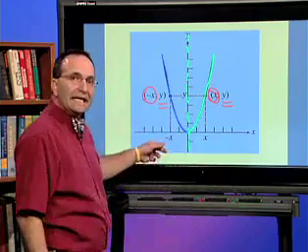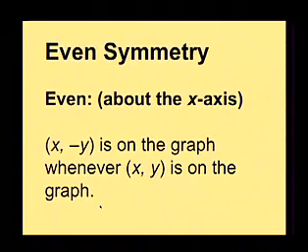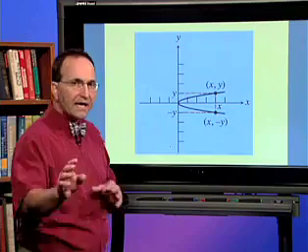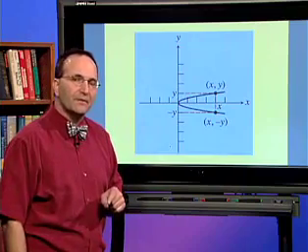Now let's take a look at even symmetry about the x-axis. If we have the point (x, -y) on the graph whenever (x, y) is on the graph, then we have what's called even symmetry about the x-axis. And here's an example of what a graph would look like if it has even symmetry about the x-axis.